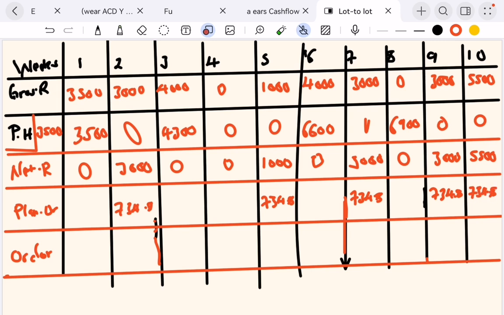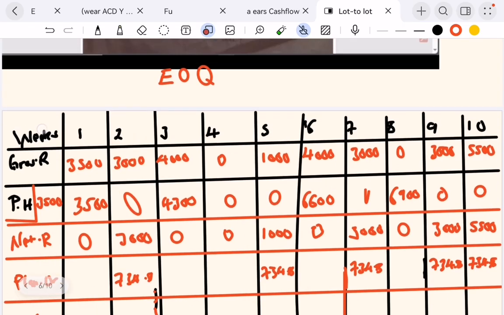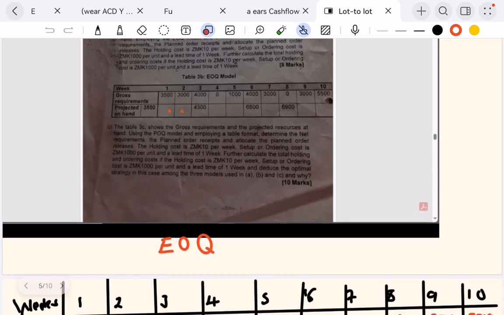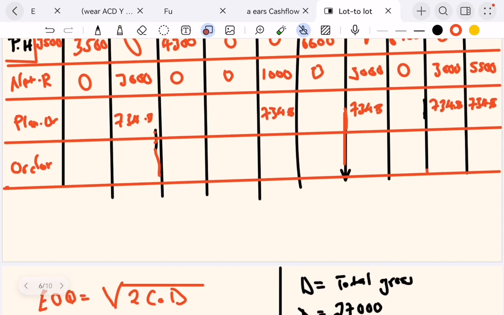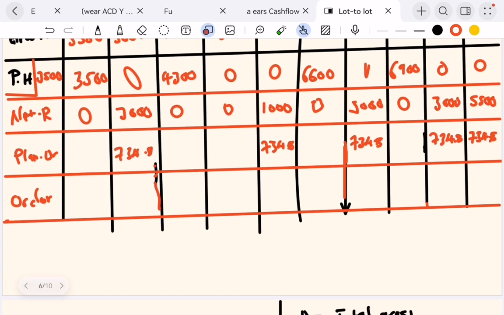So on the order release, in the question we're told that the lead time is 1 week. So because it's 1 week, you need to order a week before. So this one, which is in week 2, we'll order it in week 1.